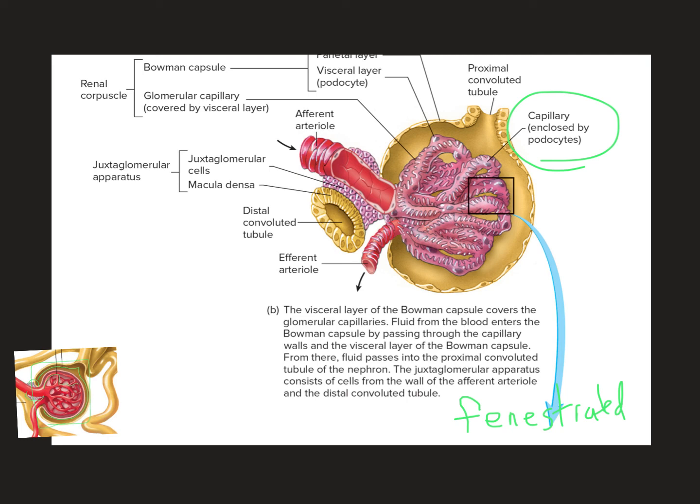The purpose for that is if blood pressure is too low in the glomerulus to get the filtration that we need, that sphincter can constrict to increase blood pressure in those capillaries. Does that make sense?